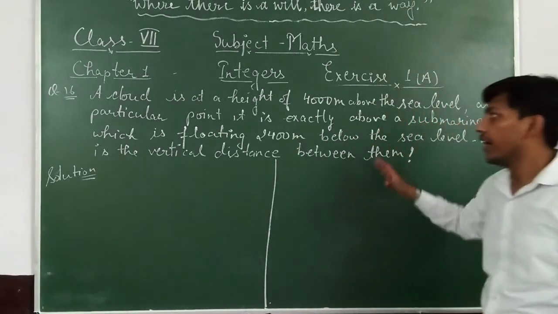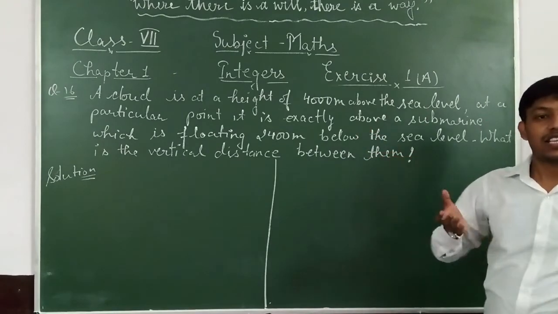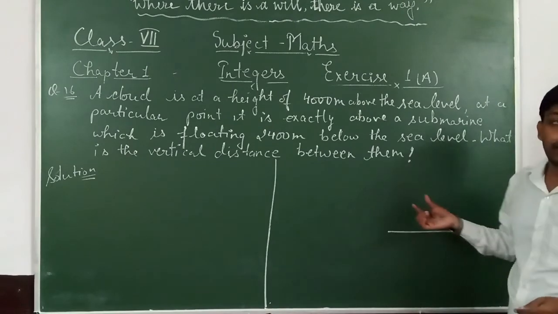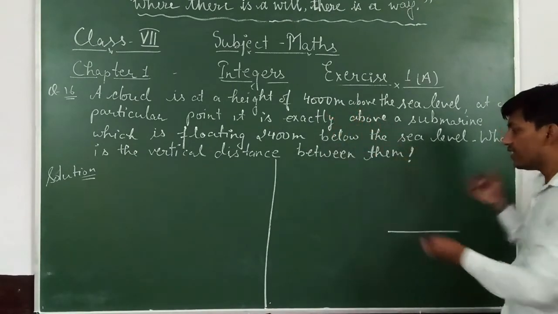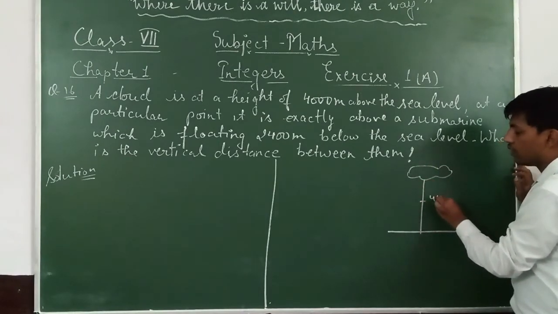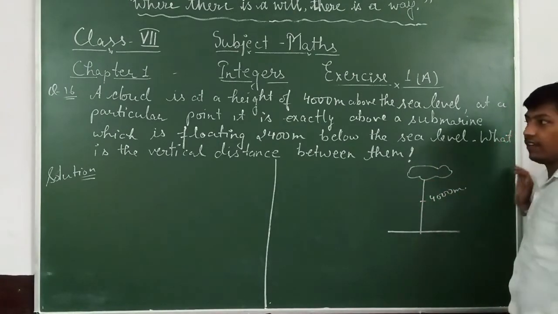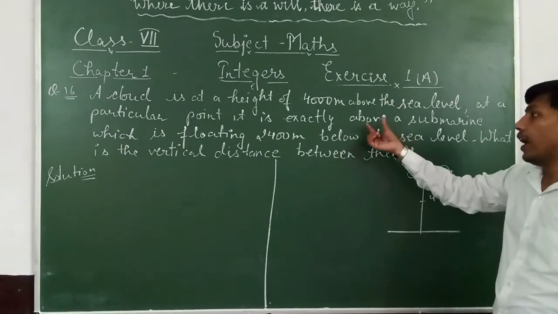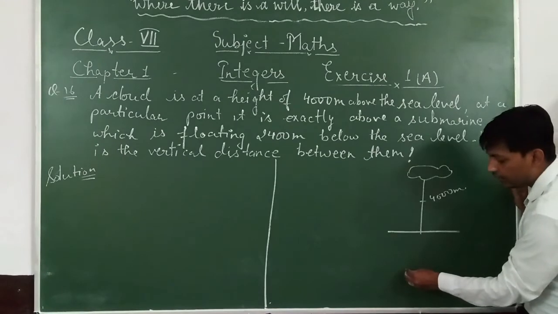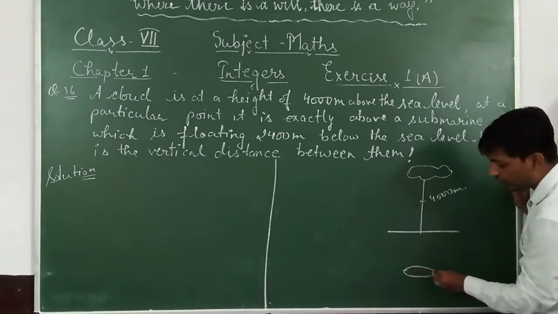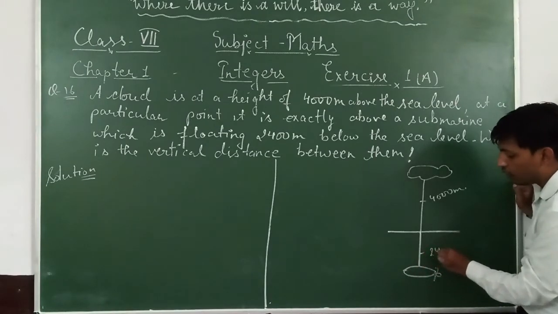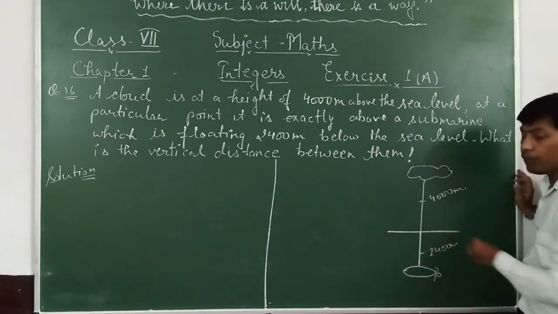So it is saying that there is a sea and it is the sea level, and there is a cloud which is 4,000 meters above sea level, and at a particular time the cloud and the submarine are exactly vertical to each other, and the submarine is 2,400 meters below sea level.